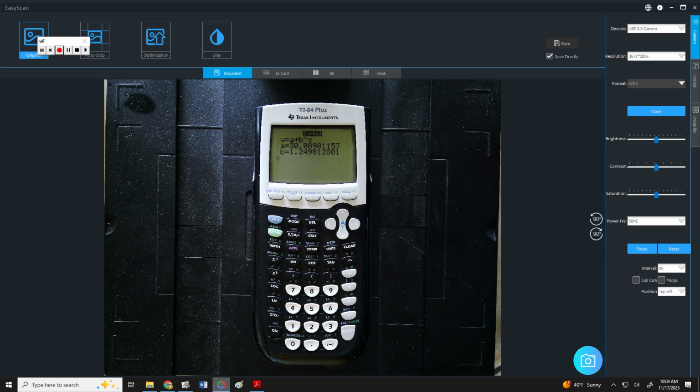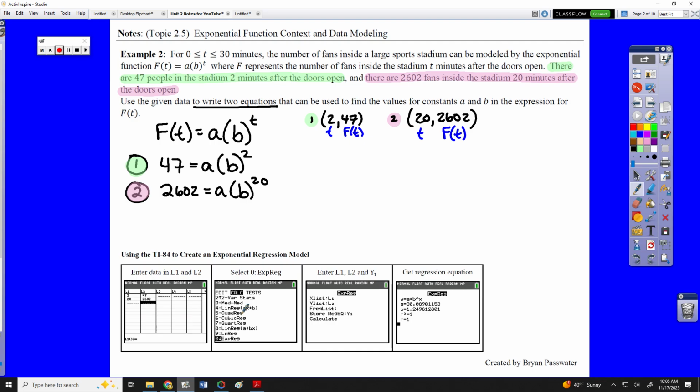So our model would be, let me go back over to the other and write this out here. Remember that we would not round these numbers for calculations in the calculator, but when we're giving the equation model, we would round these numbers off to 3 decimal places.